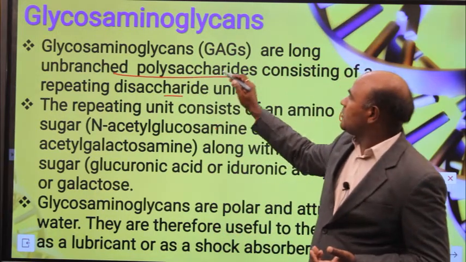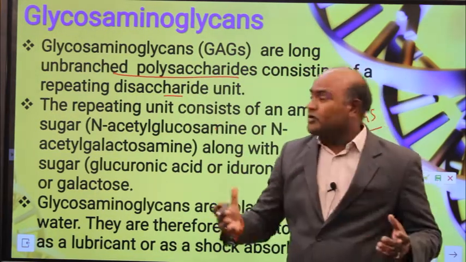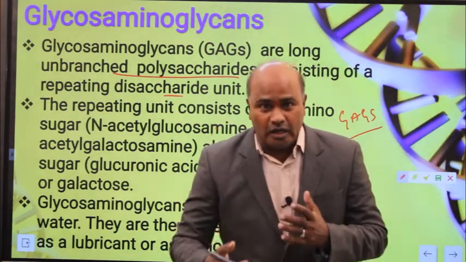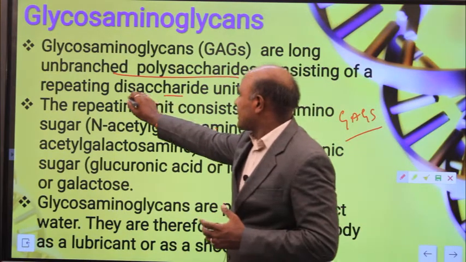So glycosaminoglycans are very long unbranched polysaccharides consisting of repeating sugar units. They are repeating disaccharides.